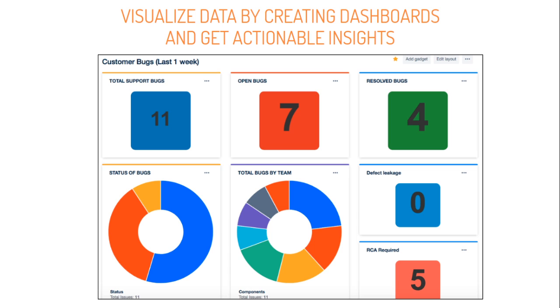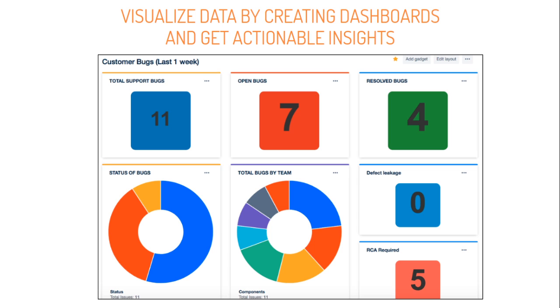In order to understand your customer behavior and customer data, you need to start analyzing the bugs that come in, and you need a dashboard which shows you the numbers. It tells you how many bugs are coming in, for what team, and what kind of bugs are coming in. In our organization we have used a Jira dashboard to retrospect on the issues that are coming in, to identify the root causes, and to understand how the issues are coming.